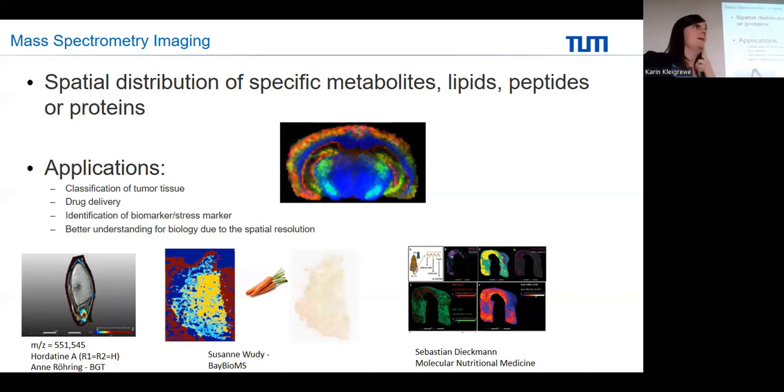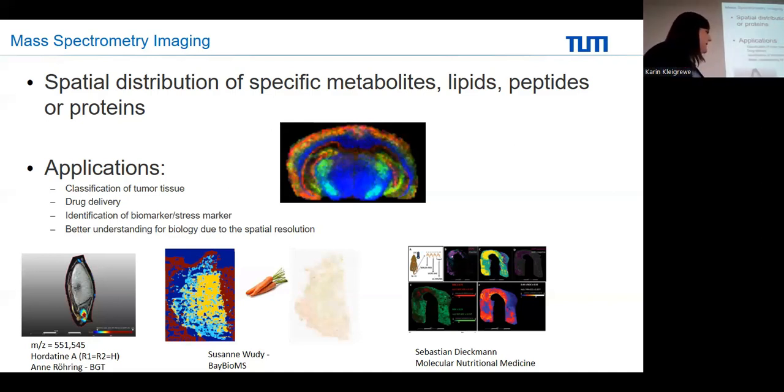And so what has been done so far, I'm not sure if somebody has joined so many seminars that they still remember it. We had a student from the BGT, the Brewing and Beverage Technology Chair, who did MALDI imaging of wheat to see the process of malting. Then we had a bachelor student who basically, when we got this technique, developed the method.